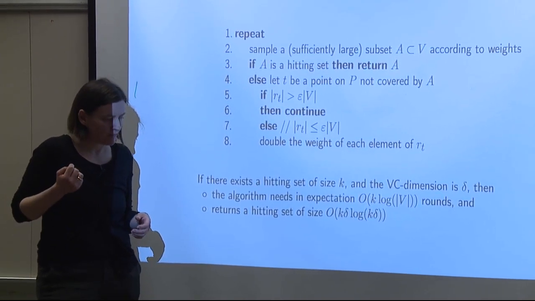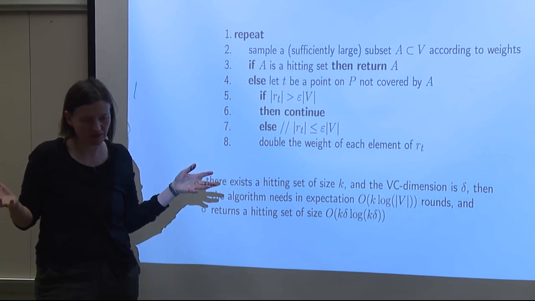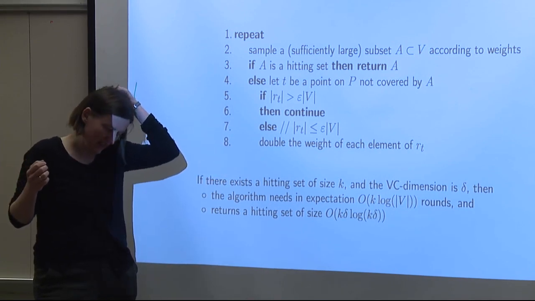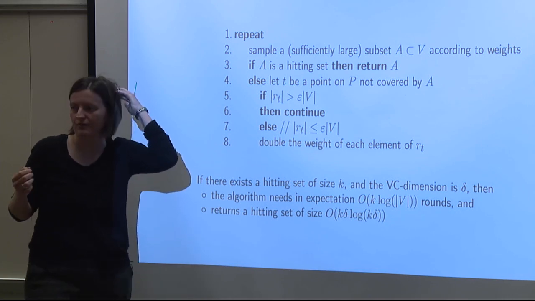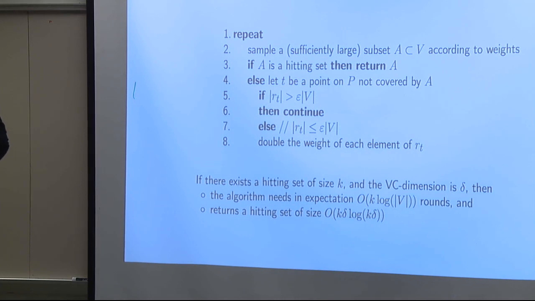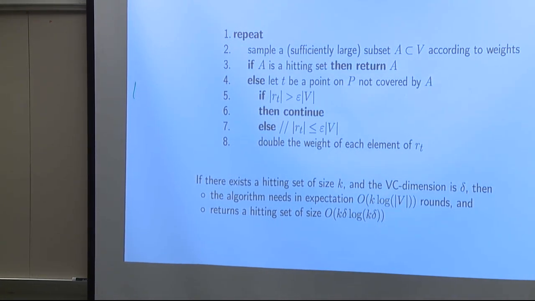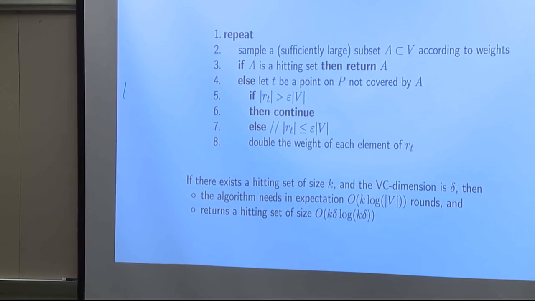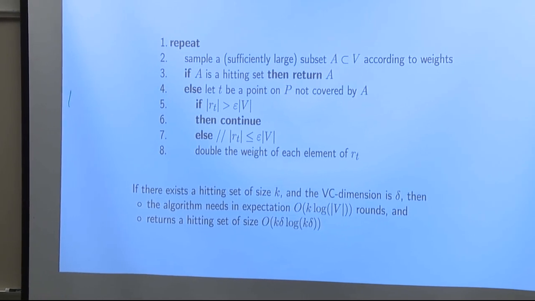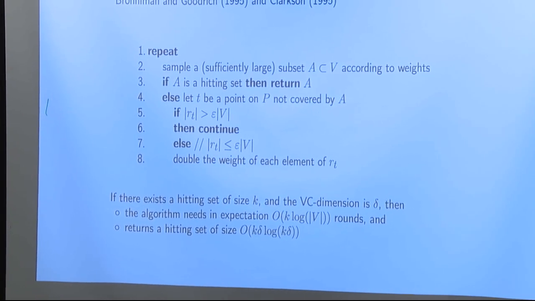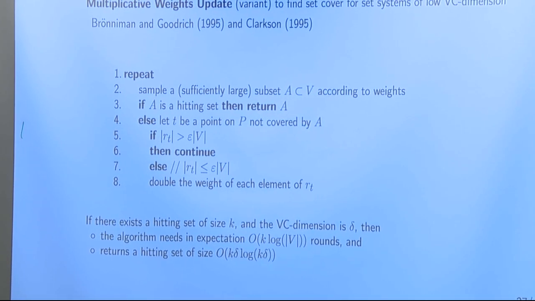That means the points are contained in all the sets. In every round, I will increase the weight of at least one of these points. So in the end, the sets that this hitting set is contained in will have large weight, and I will have found an epsilon net that will be a hitting set.